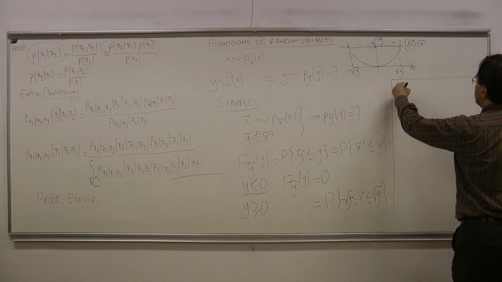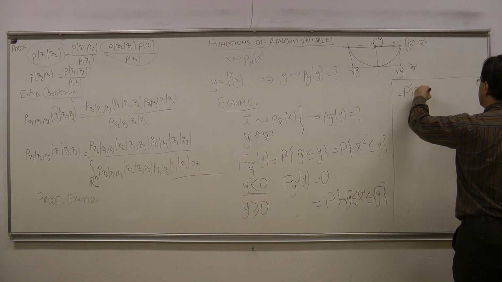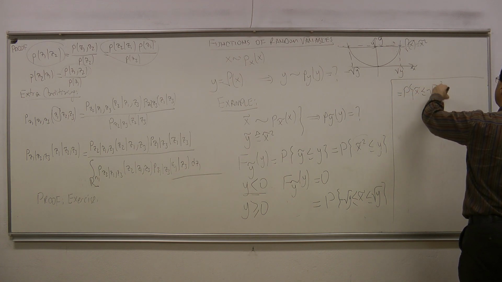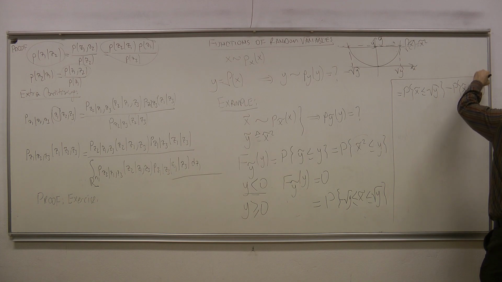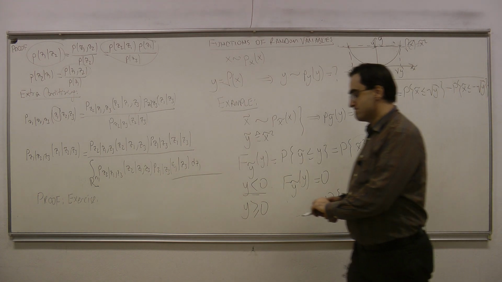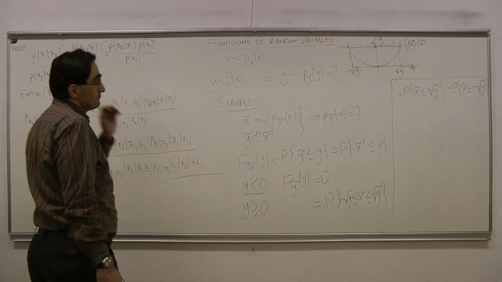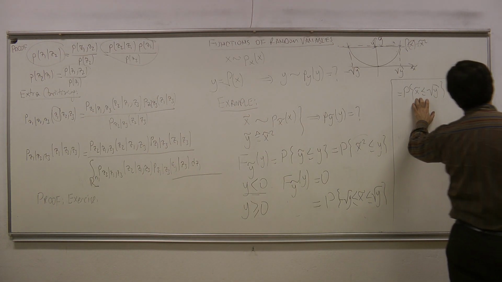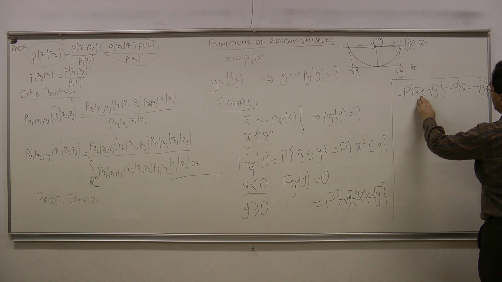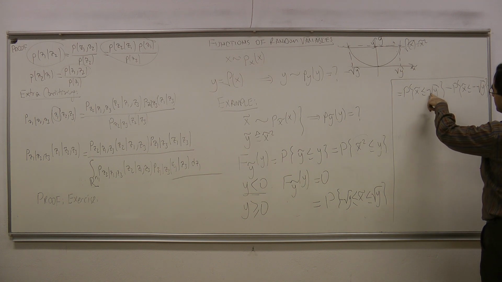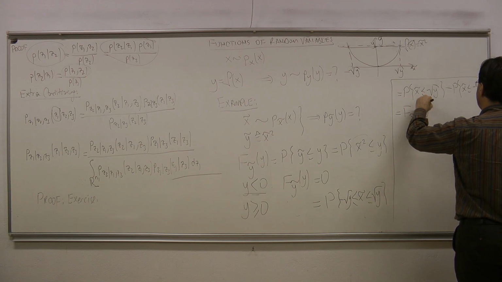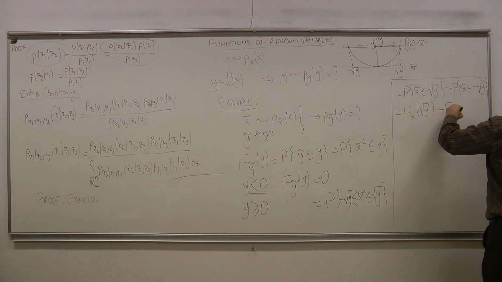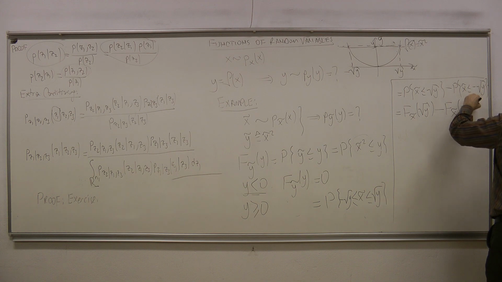And I can write this probability as follows: the probability of x tilde smaller than or equal to square root y, minus the probability of x tilde smaller than or equal to minus square root y. But this is nothing but the cumulative distribution function of x tilde when I substitute square root y for x. This is F of x tilde of square root y minus F of x tilde of minus square root y.